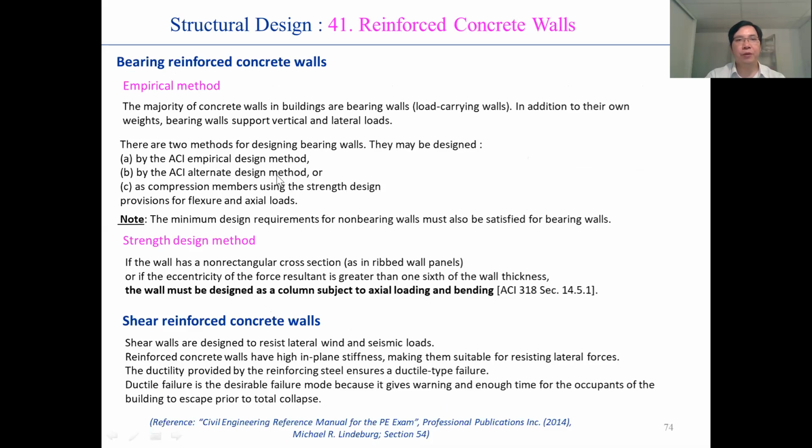For the bearing reinforced concrete wall, there is an empirical method for the design, and there is also the strut design method. So when you have more time, you can see in detail the theory that I recommend in this slide.